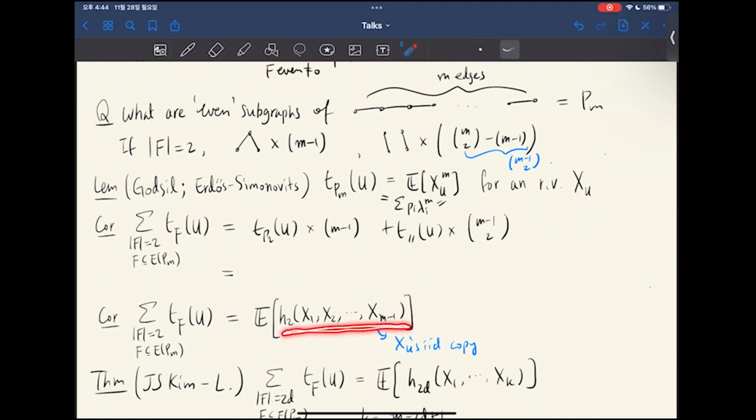This is h2 of x1 up to x_{n-1}. So what does that mean? What I'm going to do is to choose my d1 plus d2 up to d_{n-1}, which sums up to 2. And then I look at x1 to the d1, x2 to the d2, and x_{n-1} to the d_{n-1}.